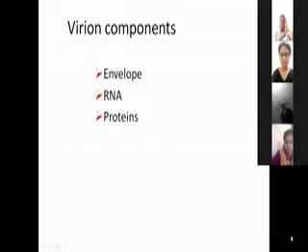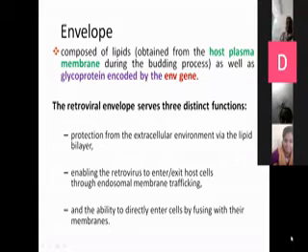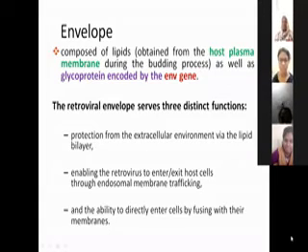Virion components include envelope, RNA, and protein. The envelope is composed of lipids, and this lipid is obtained from the host plasma membrane during the budding process.